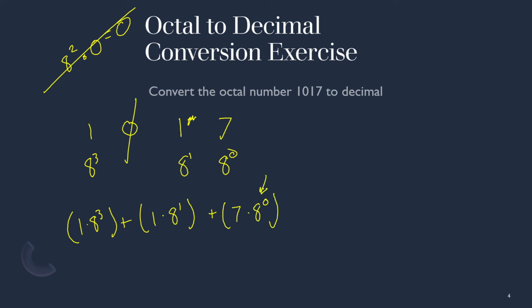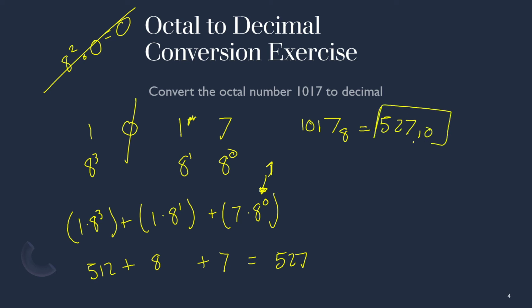This value is 1. So it's going to be 8 to the third, which is 512, plus 8 plus 7, and that's going to be 527. So 1017 in octal is going to be 527 in decimal form, in base 10.